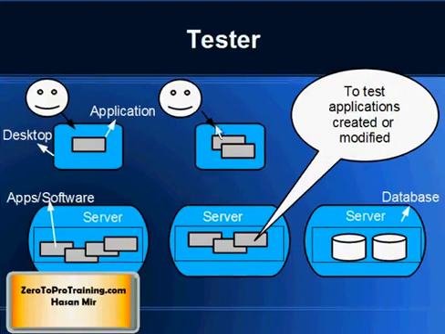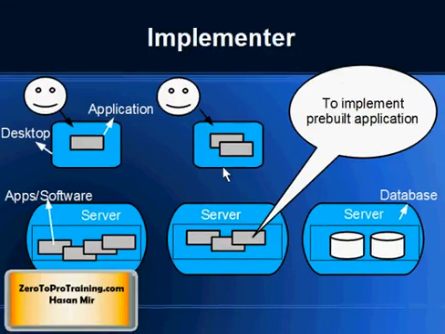And the role tester is also sometimes called quality assurance person, and sometimes quality assurance person does more than what a tester does. So these are all related roles, and these are expert people who understand the science of testing a software. So I have discussed this role briefly earlier.